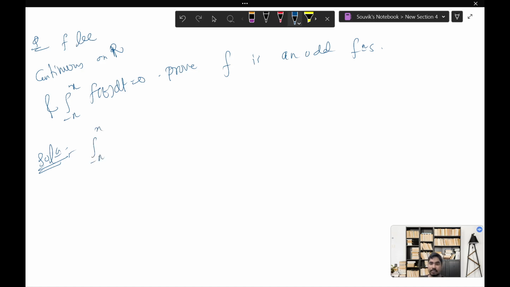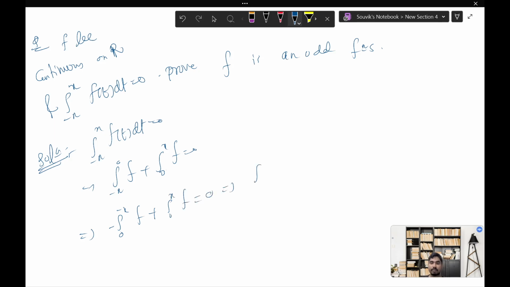So this is the integration from minus x to 0 of f plus the integration 0 to x of f. Now this is minus of the integration 0 to minus x of f plus the integration 0 to x of f equal to 0.